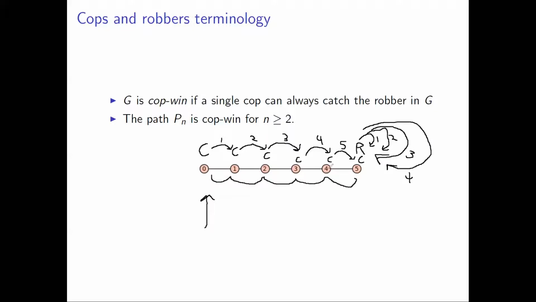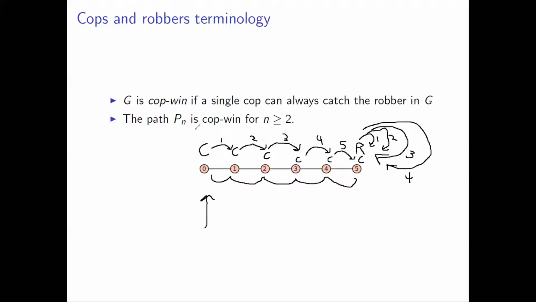In this case, we had a P6 and they took 5 steps. With a Pn, it would be n-1. And it's only n-1 if the robber plays optimally for that cop position. If the robber steps closer to the cop, then the cop could possibly capture them earlier. But the cop is guaranteed to capture them within n-1 turns.